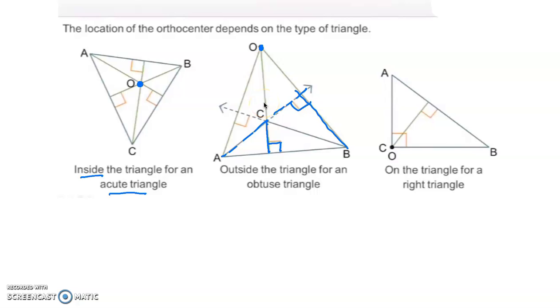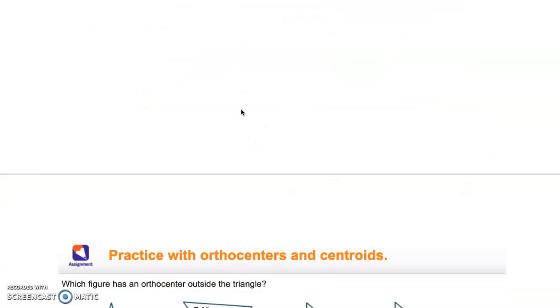If we extend those lines, they meet outside. And if you notice, C and O are on the same spot, because in a right triangle, AC is an altitude to CB, and BC is an altitude to AC, and then this is the altitude here. So those all meet on the triangle. Put that in your notes. Make sure you know that the orthocenter, that point of concurrency, depends on what type of triangle it is.